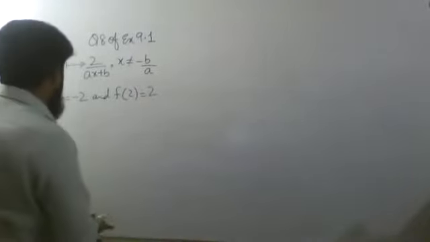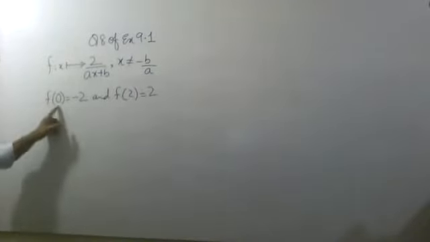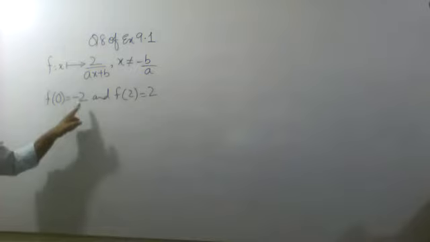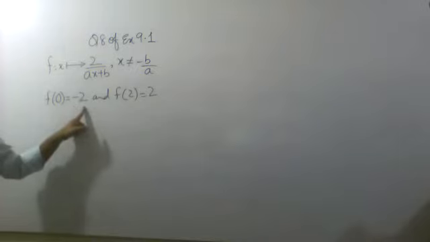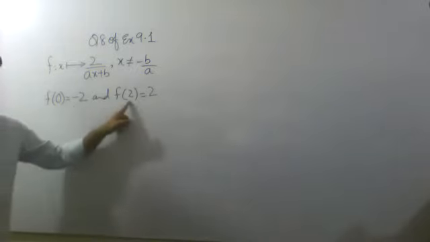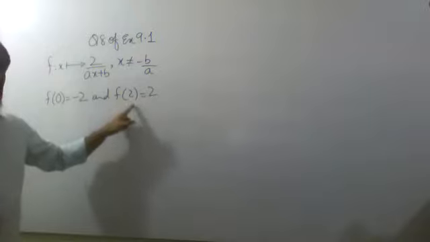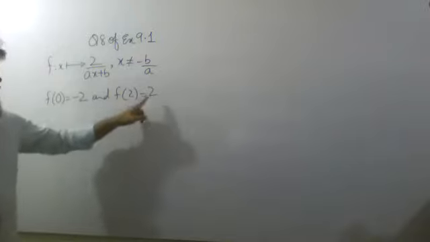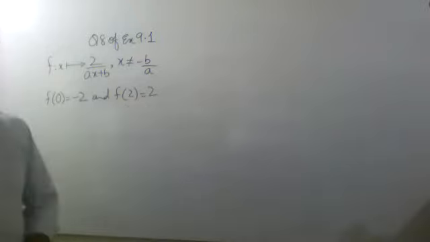What is that situation? When I replace x with 0, the image is minus 2. And when I replace x with 2, the range will be 2. Okay? They have given us this.